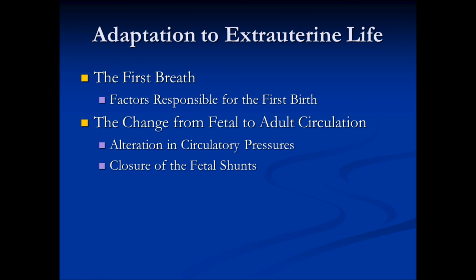With each ensuing breath, a little more air remains, causing the FRC to gradually expand in the first few hours of life. And the result is that each successive breath becomes less difficult and requires less energy to accomplish. Thus, the healthy neonate quickly adapts to extrauterine breathing when the lungs are mature.